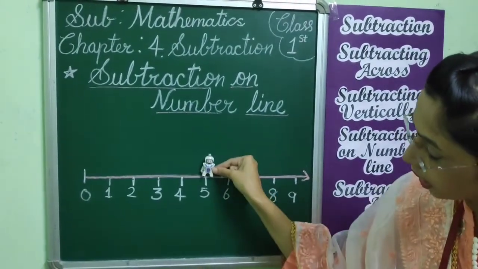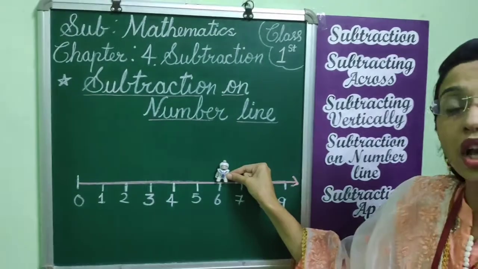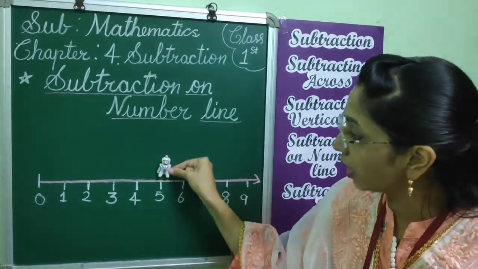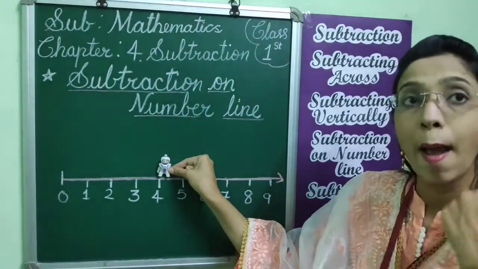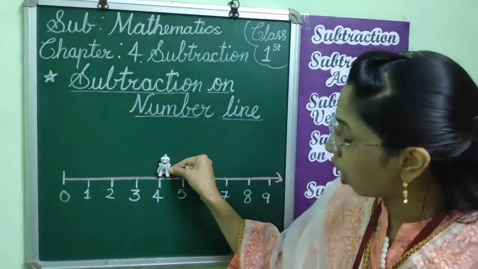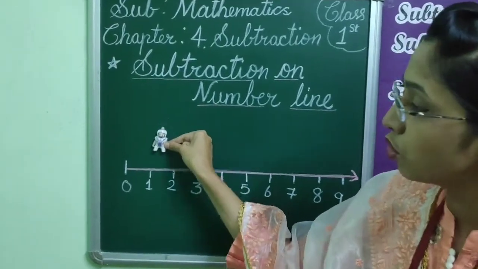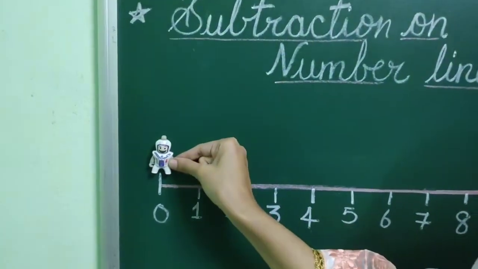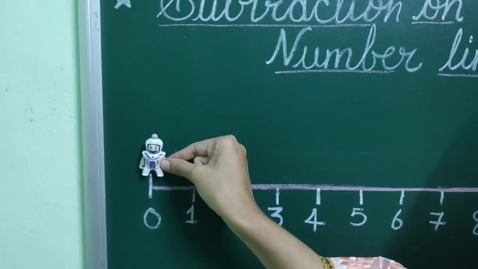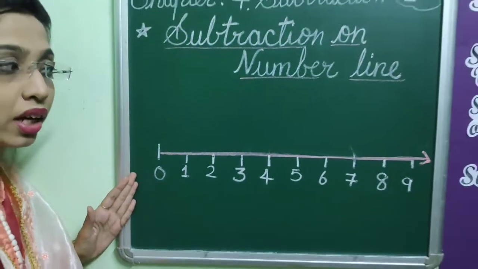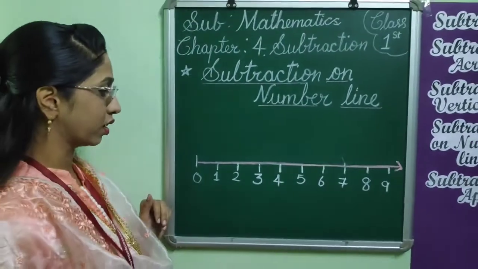If he jumps like this, it is called forward jumping. If it jumps like this, it is called backward jumping. Now he is jumping 4 to 3, 3 to 2, 2 to 1, 1 to 0. Backward jumping. Now we can use this number line for subtraction.